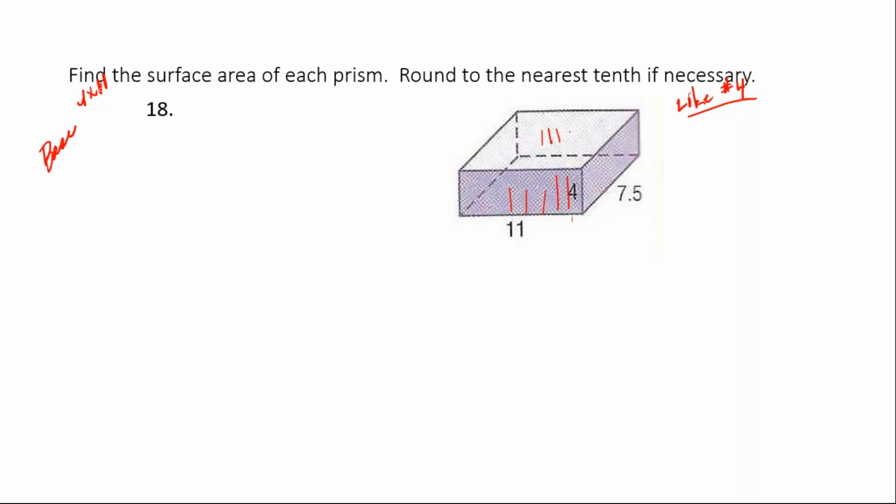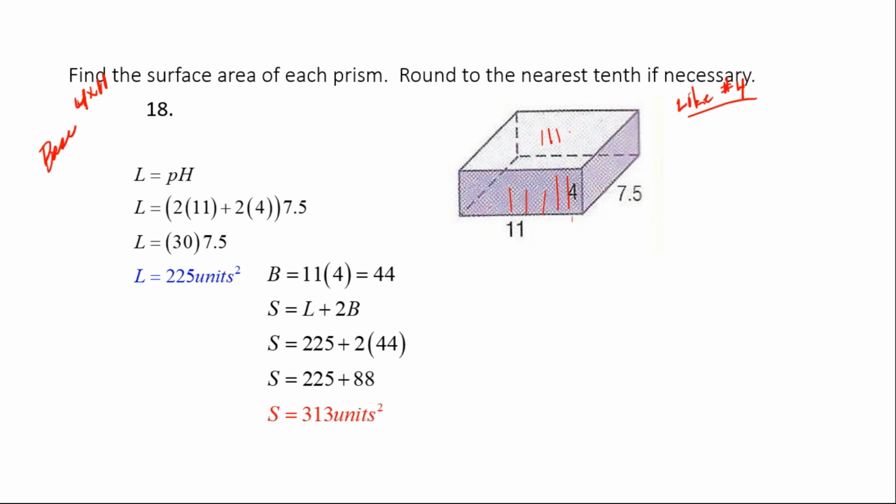If you use the other one, it's not wrong, but make sure you follow through correctly. So there's my lateral. But giving from that, there's my area of the base times 11. There's my surface area. No matter which lateral you use, this is going to be the surface area.